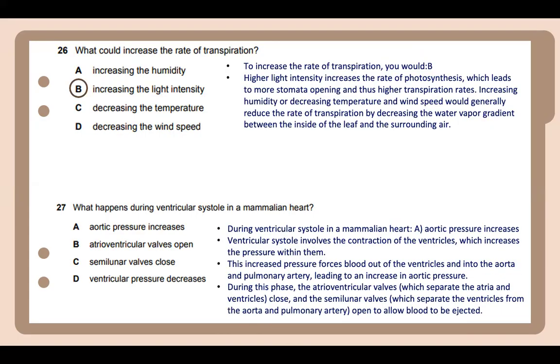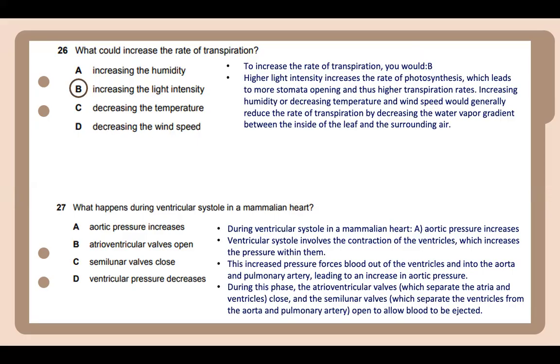What happens during ventricular systole in the mammalian heart? During ventricular systole, aortic pressure increases. Ventricular systole involves the contraction of the ventricles, which increases the pressure within them.